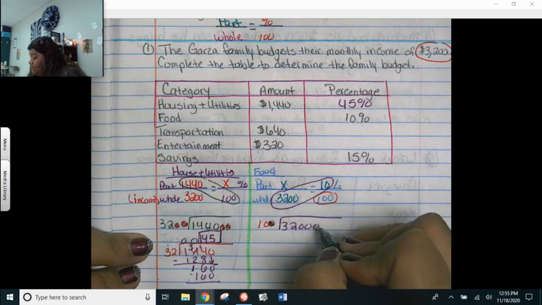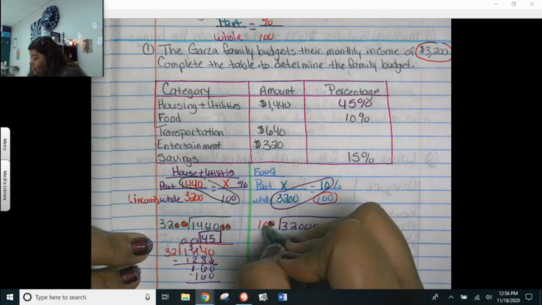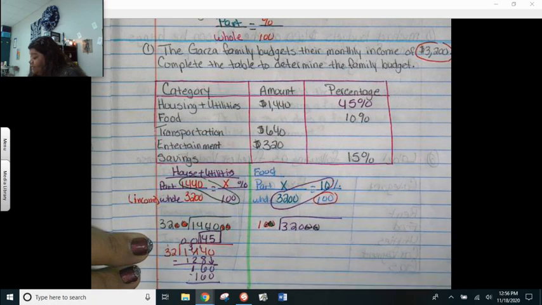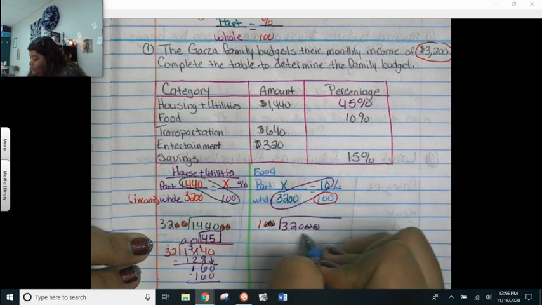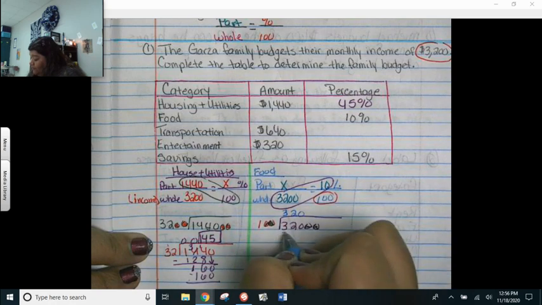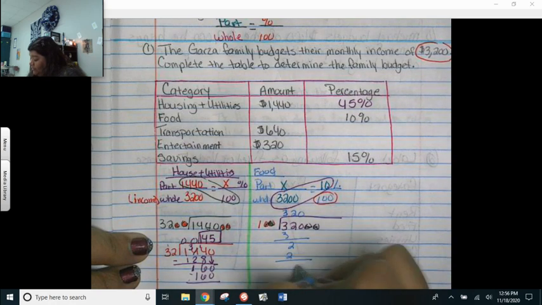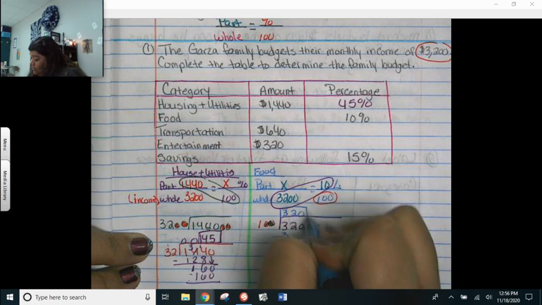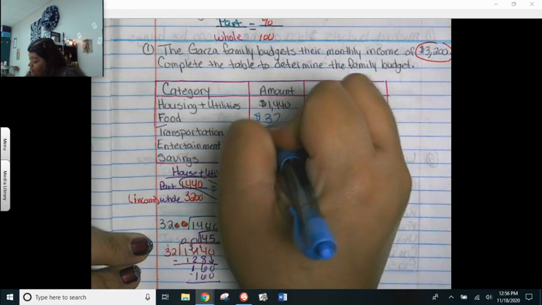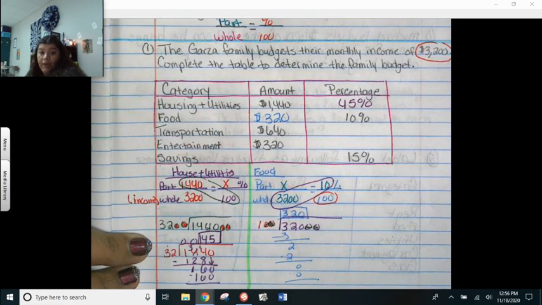I'm going to take one from the outside, one from the inside, one from the outside, one from the inside, and that's all I can take. So this is pretty easy. 320 divided by 1 is 320. So 320 is how much money this person spends on food per month.